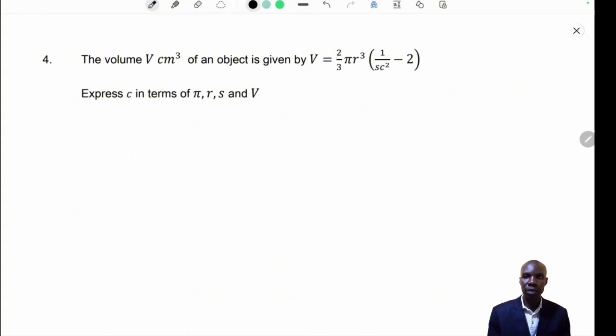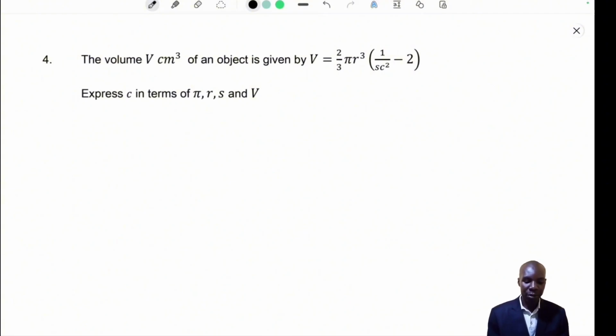Number 4, can we look at number 4? The volume V centimeter cubic of an object is given by V equals 2 over 3 pi r cubic in bracket 1 over SC squared minus 2.